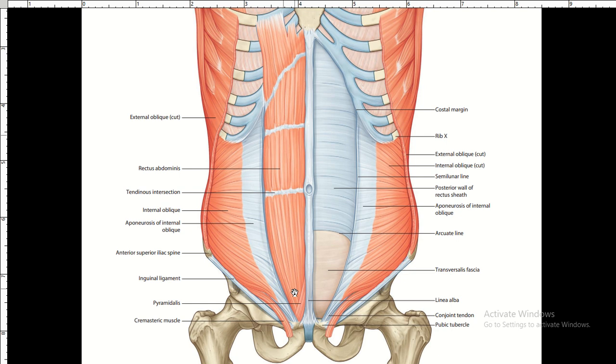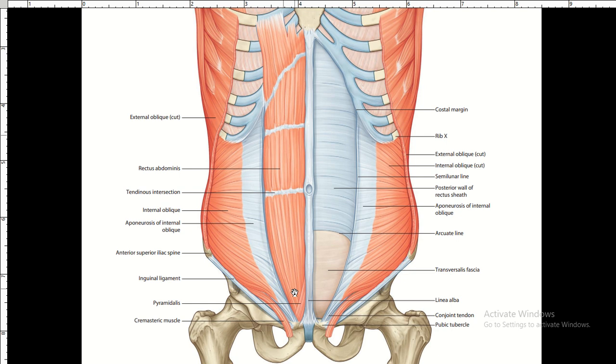Are we together? Good. So let's take a summary. The muscles of the anterolateral abdominal wall: we have three muscles in the lateral wall and two muscles in the anterior wall. In the lateral wall, these muscles are responsible for lateral deviation of the abdomen.